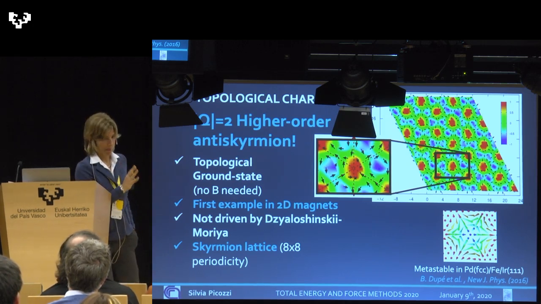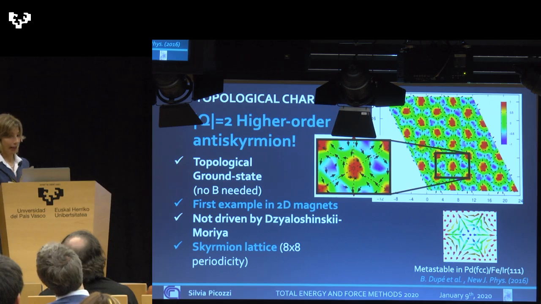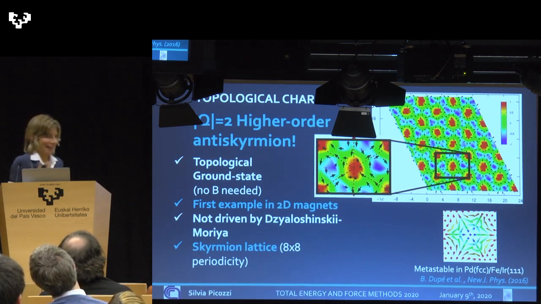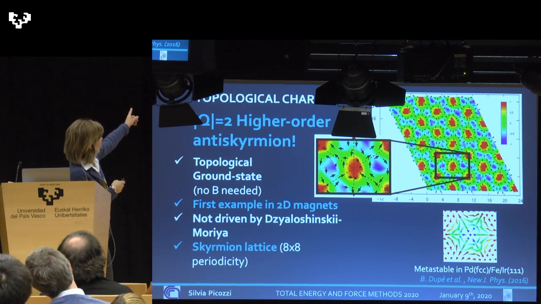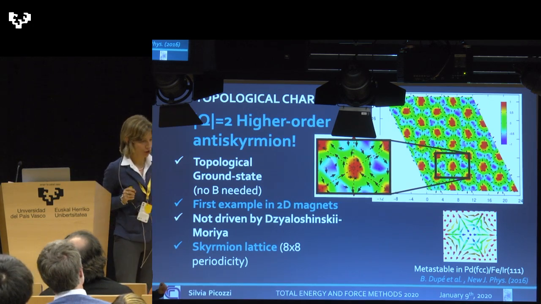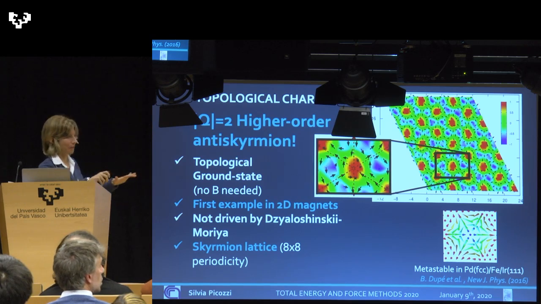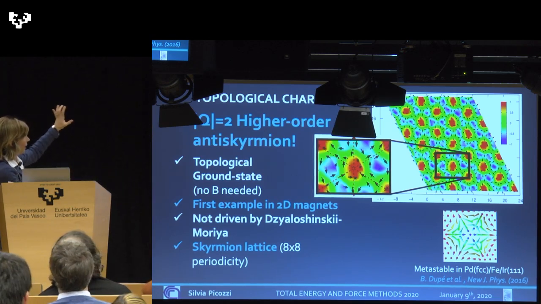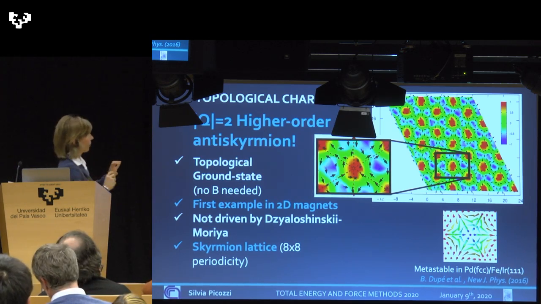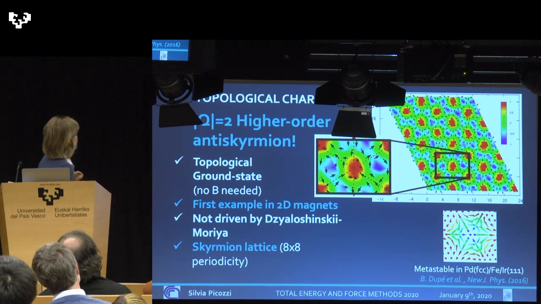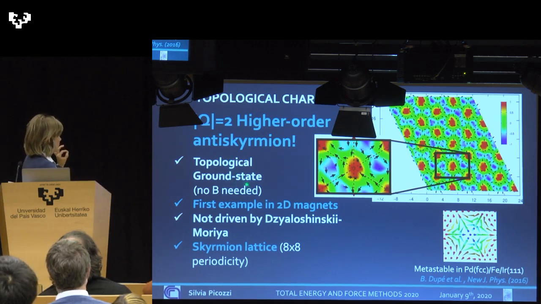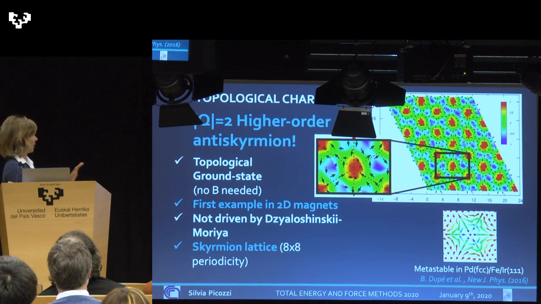Frustration certainly matters, but it cannot be the only source, because in nickel bromide I don't have Q different from 0. If I calculate the topological charge for nickel bromide, I have 0. So the only one giving a topological charge different from 0 is nickel iodide. And so it's a topological ground state. No B is needed here.